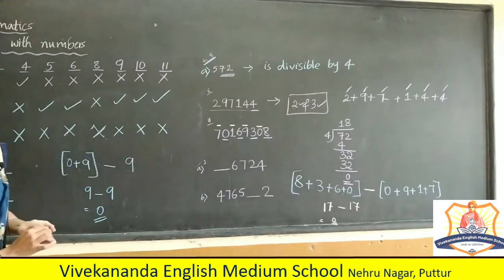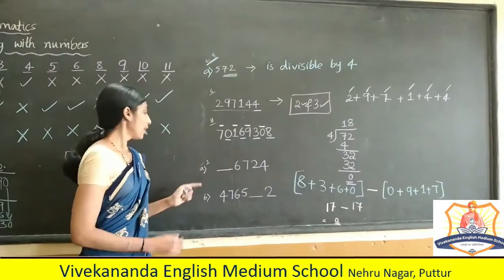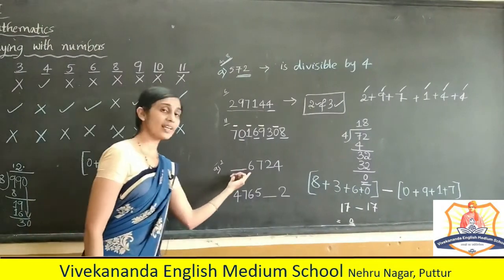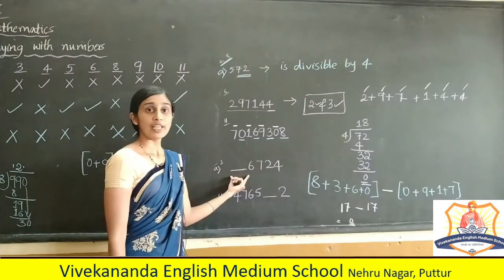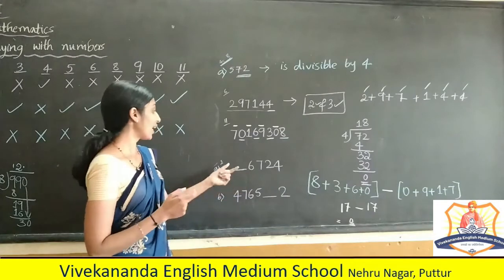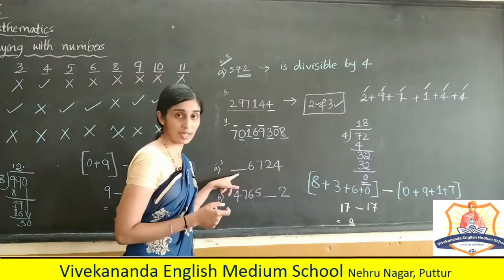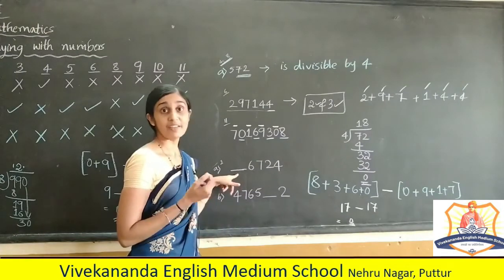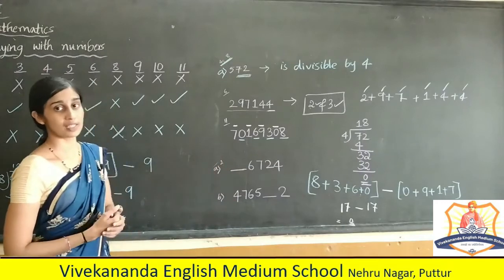Okay, next is a very important question they have asked. We should fill the blank here in such a way that we should find the greatest and smallest 5-digit number which is divisible by 3. This is the next question they have asked.